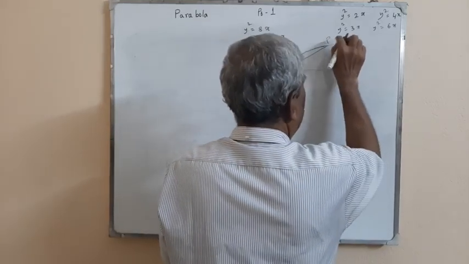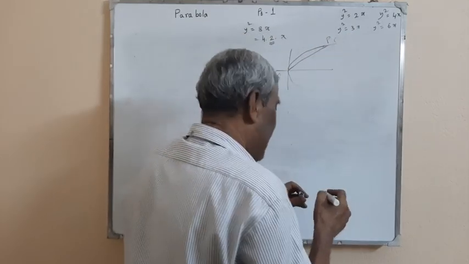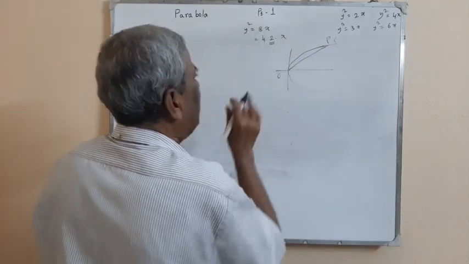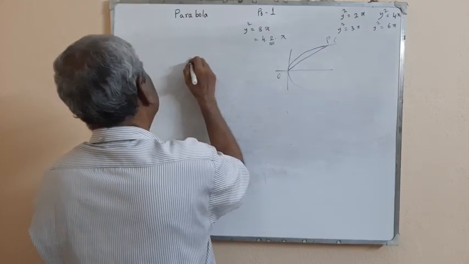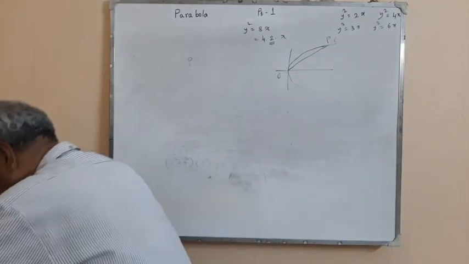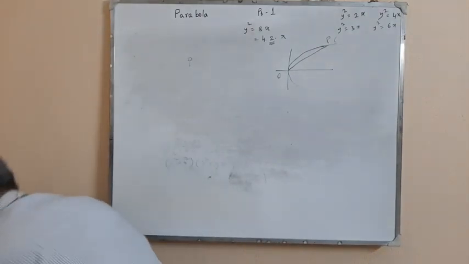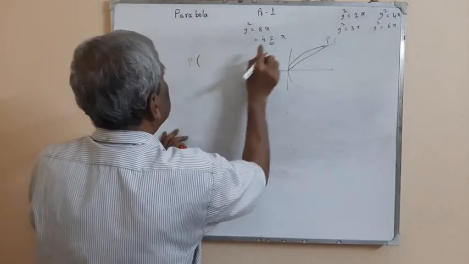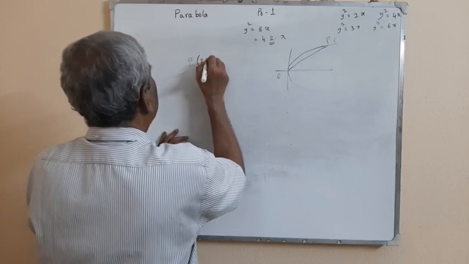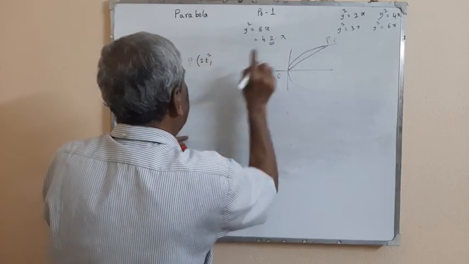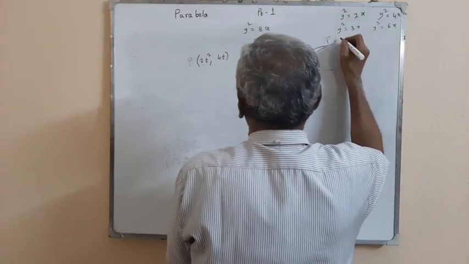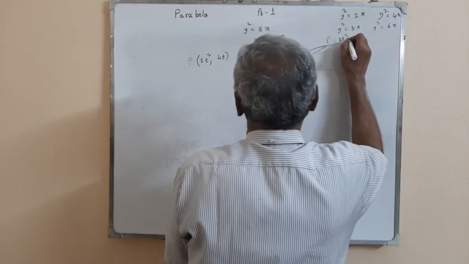Coordinate of P can be taken as (at square, 2at) in parametric form. a means 2, so it is (2t square, 4t).